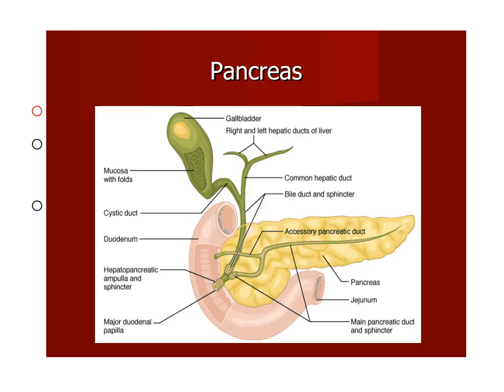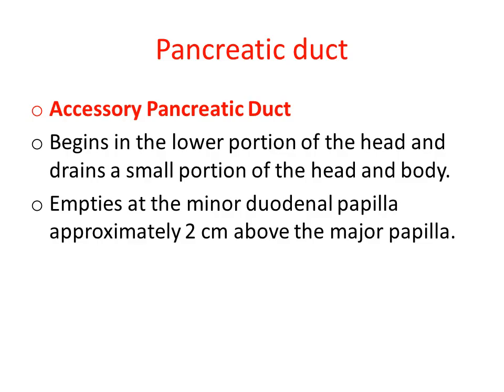The accessory pancreatic duct is found above the main pancreatic duct. It begins at the lower portion of the head and drains a small portion of the head and body, and it empties into the minor duodenal papilla approximately 2 centimeters above the major duodenal papilla.